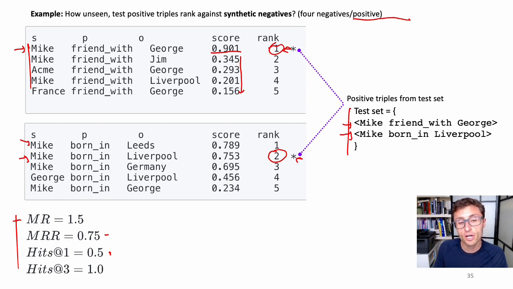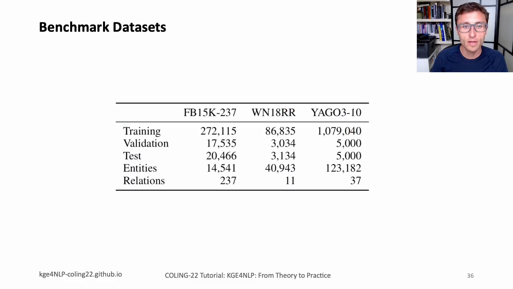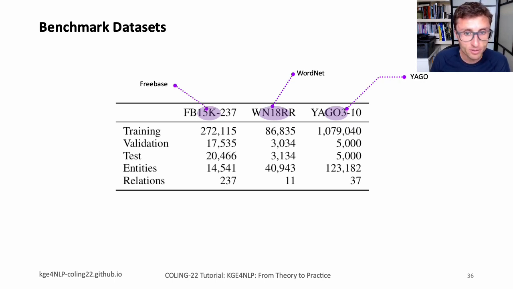Or how many times the positive occurred in the top 3 elements, which is 100% of times in this example. So this is how these metrics work. And how can we use these metrics on community-defined benchmark datasets? First, let's take a look together at what are the benchmark datasets out there.